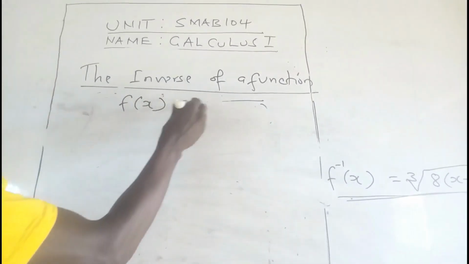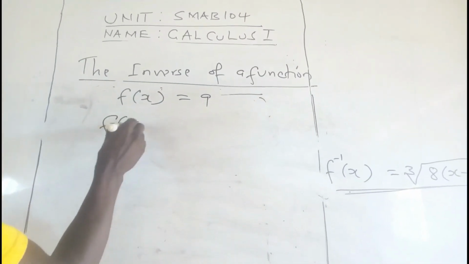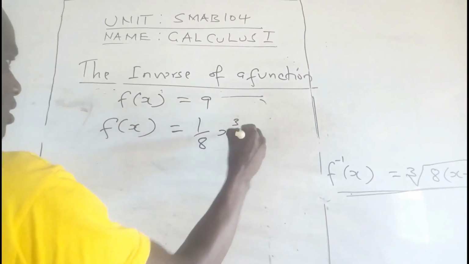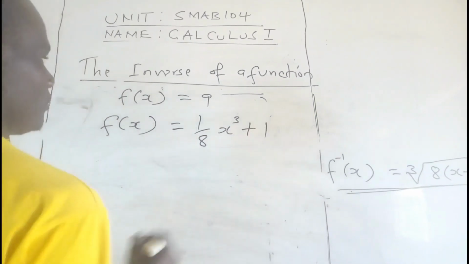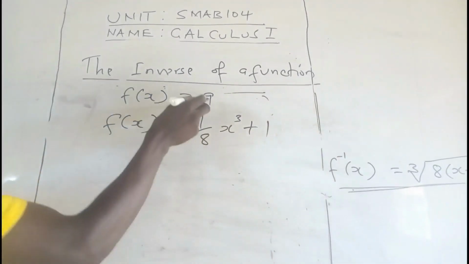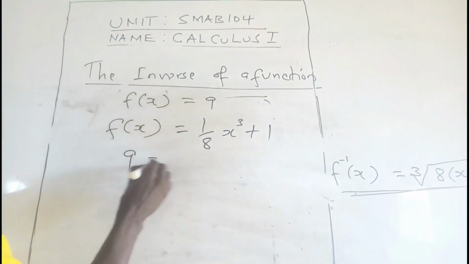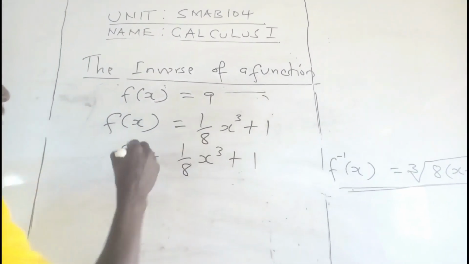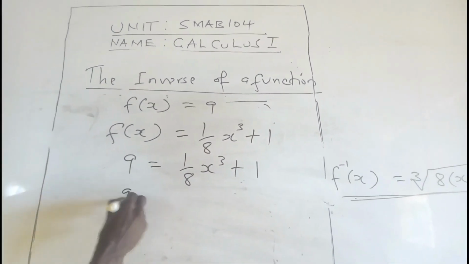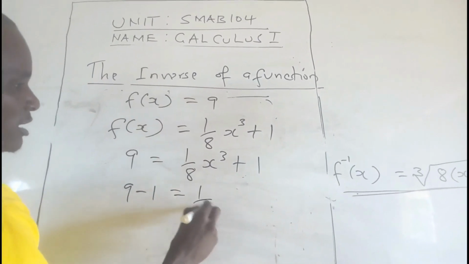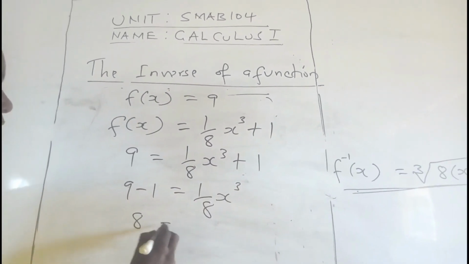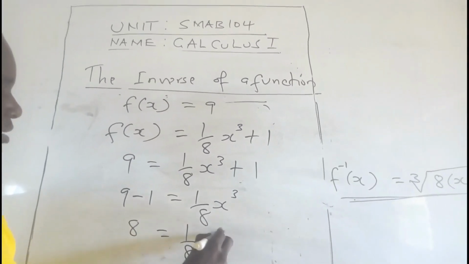So f of x is 9, but what is our f of x? F of x is given as 1 over 8x cubed plus 1. So if we replace f of x with 9, we'll have 9 equals 1 over 8x cubed plus 1. Bring this 1 this side, it will be 9 minus 1, which is 8, equal to 1 over 8x cubed.